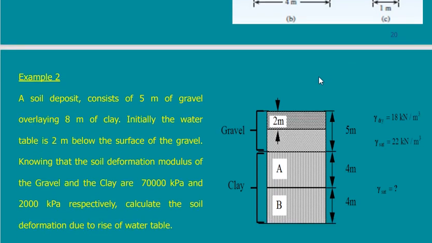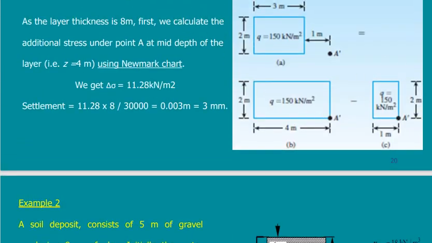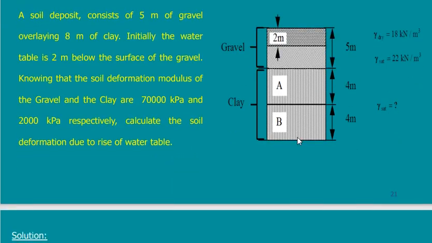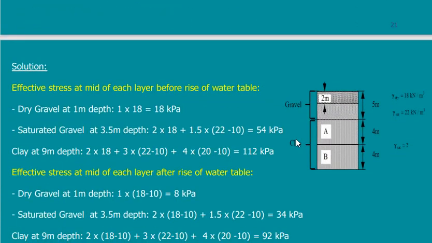Now, if we go to the bottom, here I was assuming that the soil is one layer. Suppose the soil is not one layer, it is multi-layers. In this case, the problem will be different. Why will it be different?